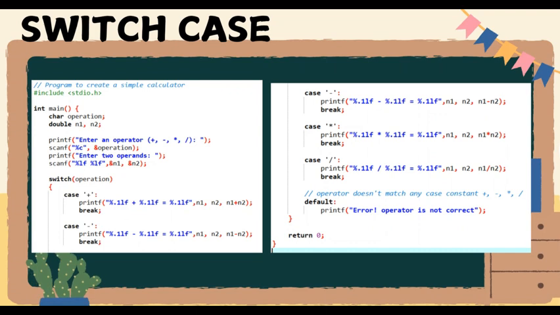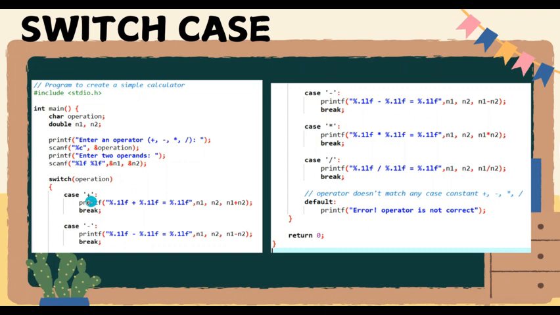And the example in C language. Here I am doing arithmetic operations using switch case. First, I'll take the operation I would like to do and the operands I want to use. Suppose I take the operator as plus and operands as 2 and 3.